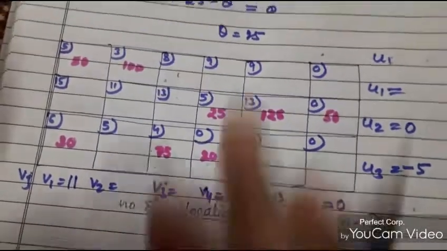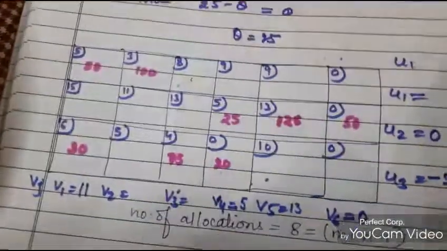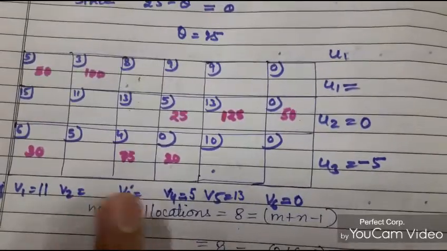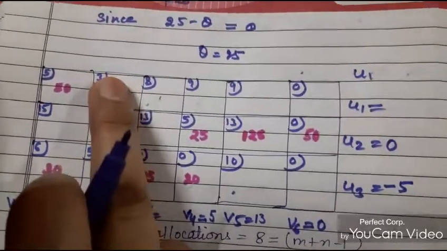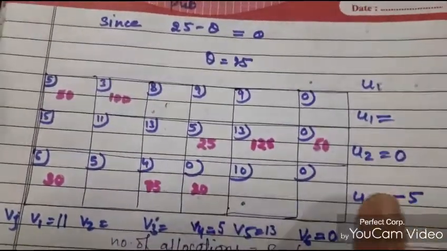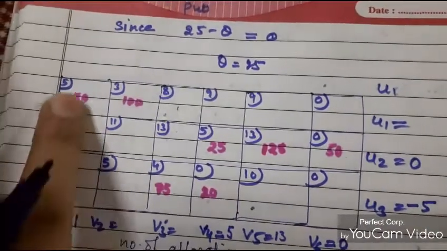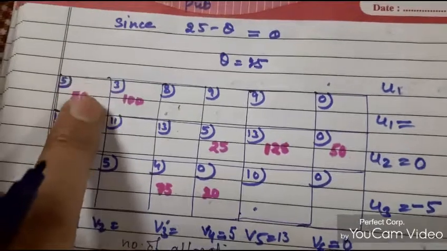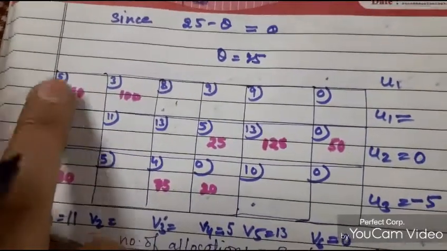Right? v1 is 11. Now we need v2. Only v2 and v3 are left. For v2 we need u1, but now we have v1, so we can calculate u1. For this v1 we have the allocation C11.